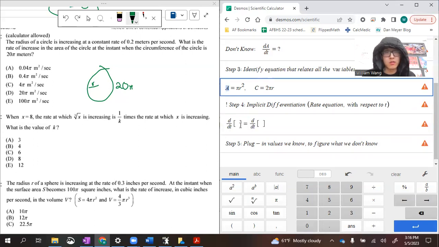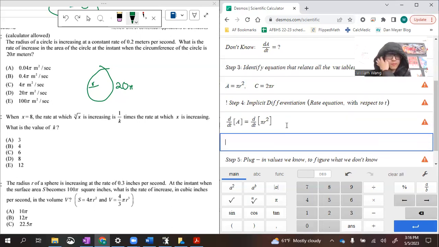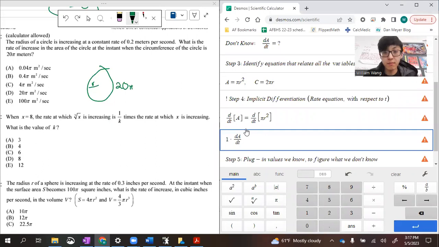So let's do that. Derivative of A, derivative of pi r squared. Well, derivative of A is just 1, right? I take the derivative normally, but then I need to multiply by dA over dt.